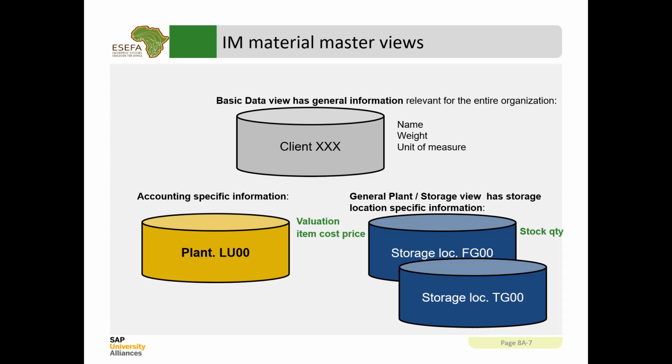What is the valuation in terms of the asset to the company? Now, a plant will have storage locations. The storage location FG00, finished goods 00, and storage location TG00, which is another location for trading goods. So semi-finished goods has its own storage location.